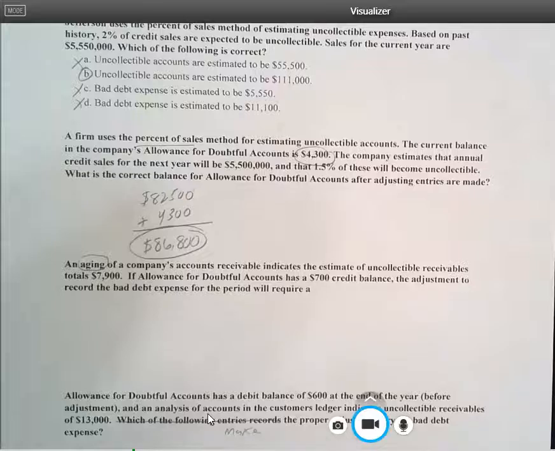What we're saying when we're using this aging, this analysis approach, is that we want $7,900 to be our ending balance on the balance sheet. Well, if we already have $700 on the balance sheet from a prior period, whatever the case may be, then we're not going to make a journal entry for this full $7,900.